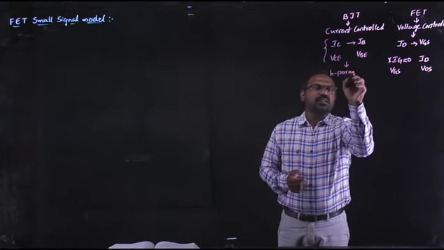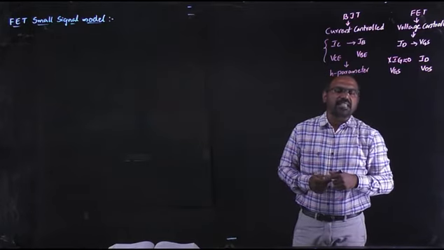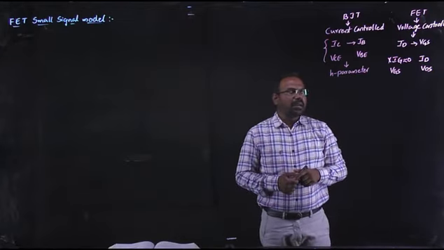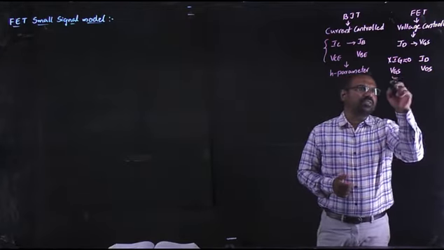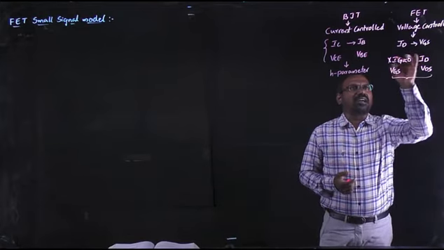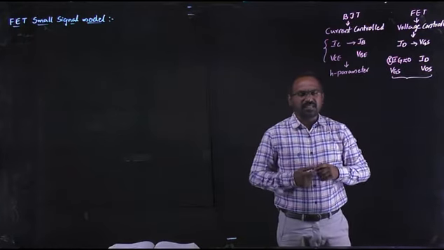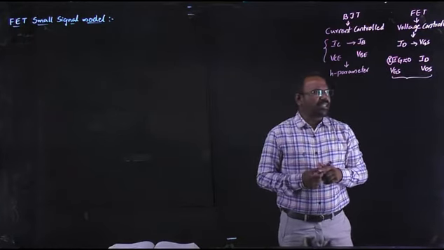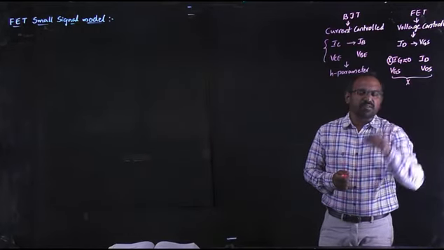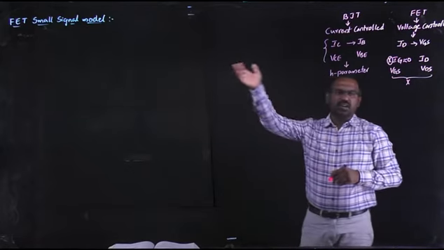That means we drew the equivalent circuit diagram of the transistor using these H parameters. But here we don't have this IG; the input current is not defined. That is why generally we won't use the H parameter model for the field effect transistor to draw the small signal model.